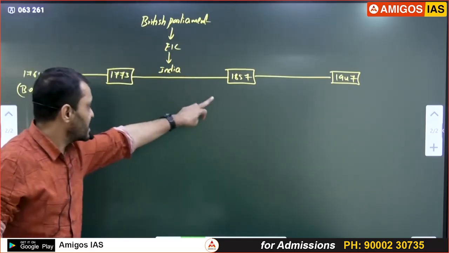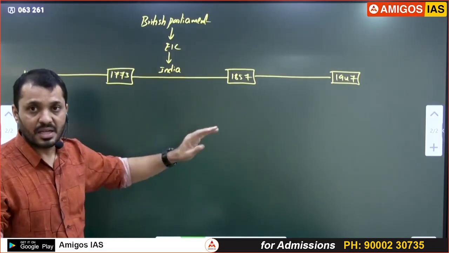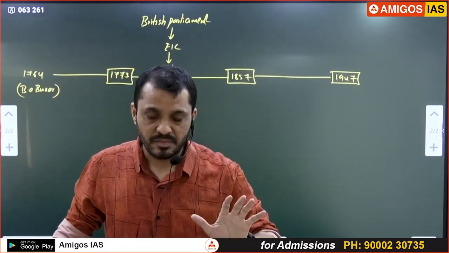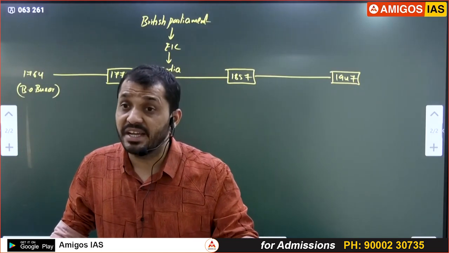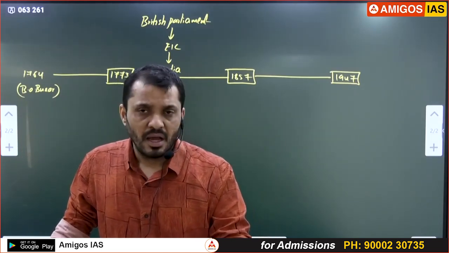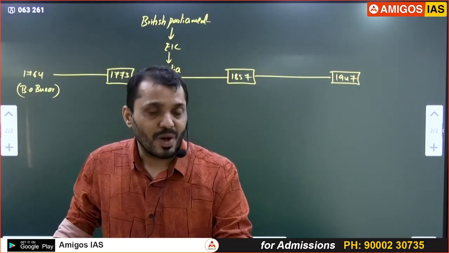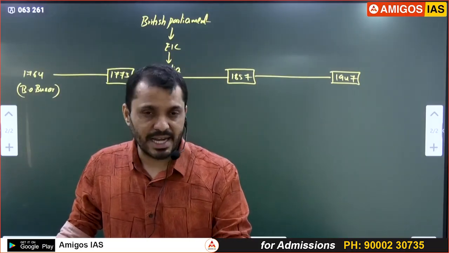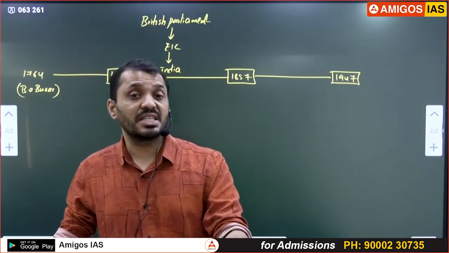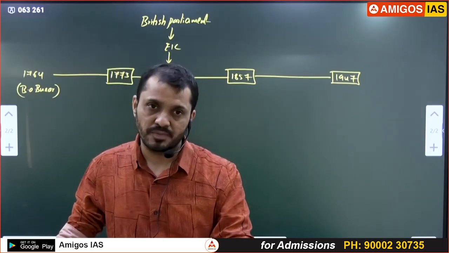That means up to 1857, the British never ruled India directly. Are we clear? The British ruled India indirectly through the East India Company. And the East India Company was unable to command control in India. That was reflected in the 1857 revolt.